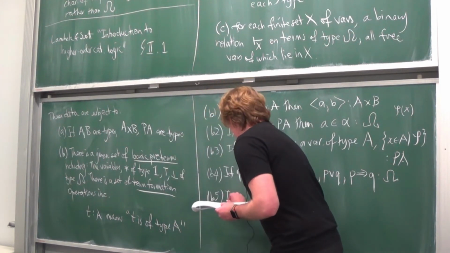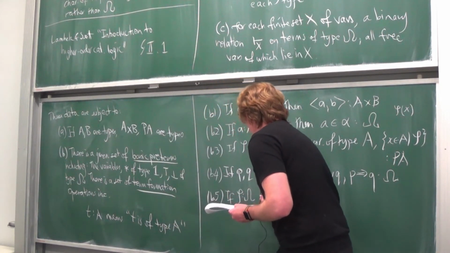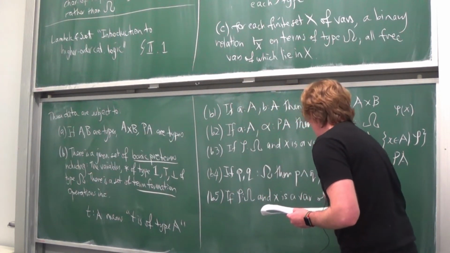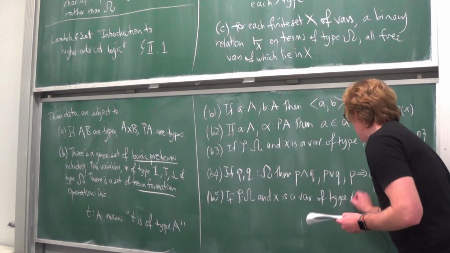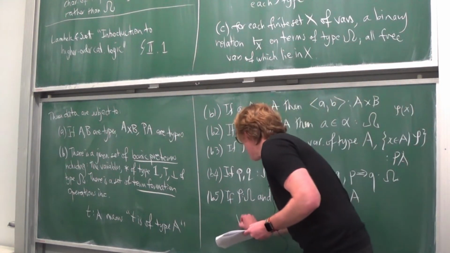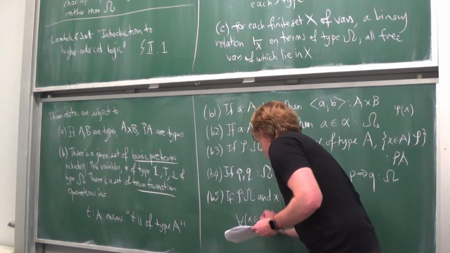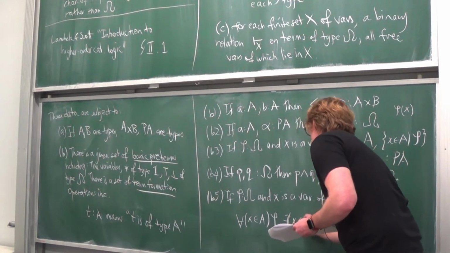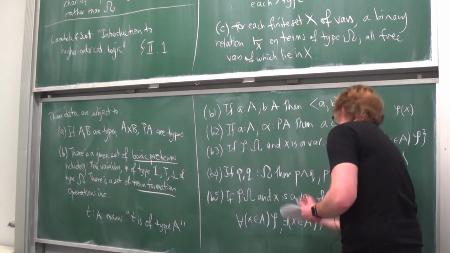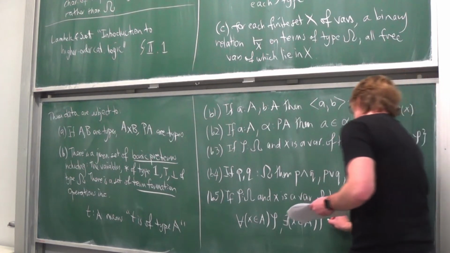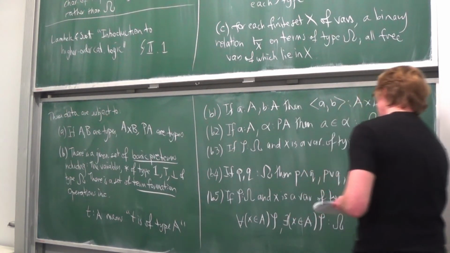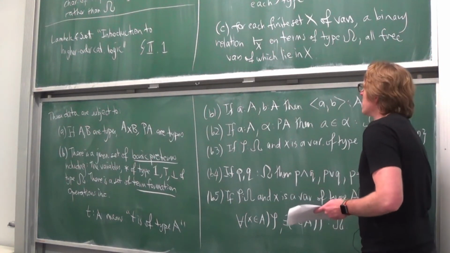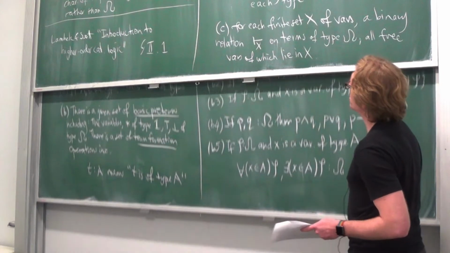So if phi is a formula and x is a variable of type A, then we have for all and exists. Okay, so that's it. Those are the basic term formation, preterm formation operations.